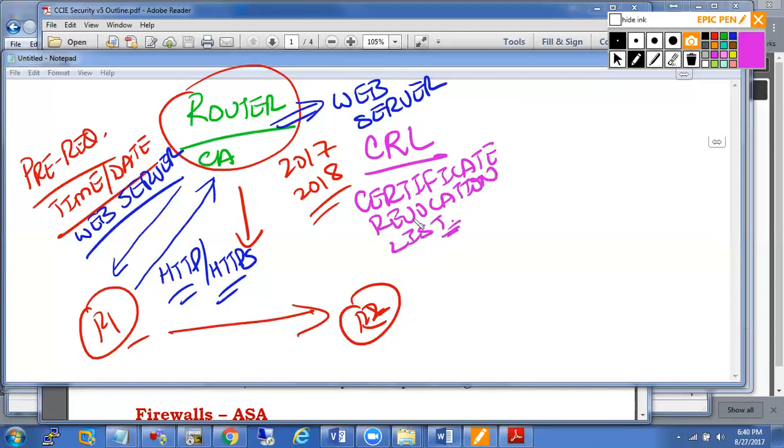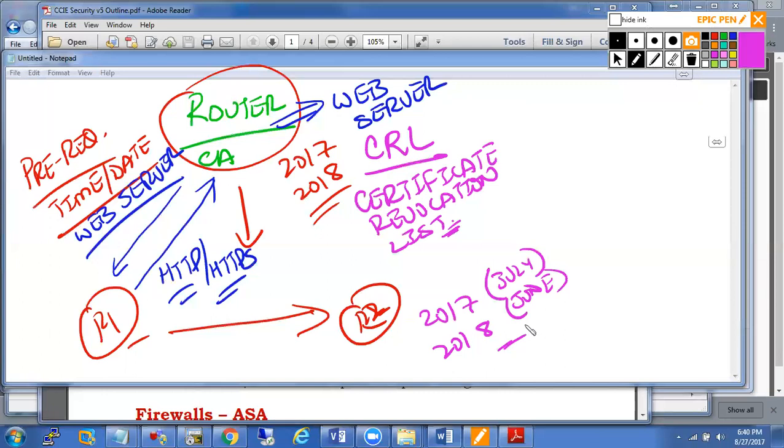What is this? Let's say I get a certificate from the router, which is valid from July of 2017 to June of 2018. Is that valid right now? It is valid, right? We're in August of 2017, so it's a valid certificate.